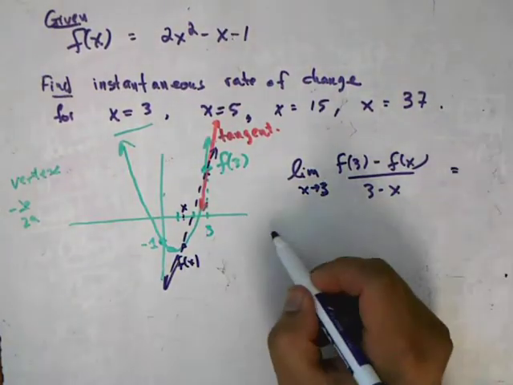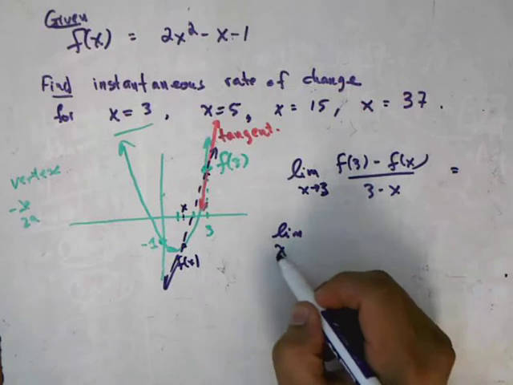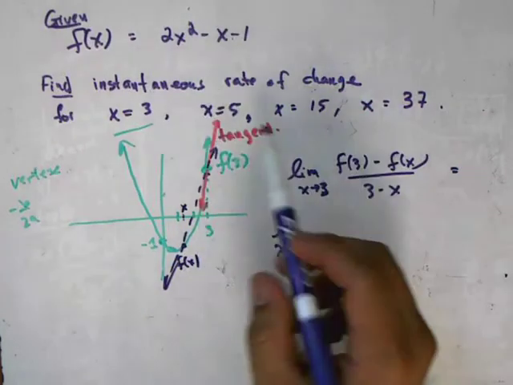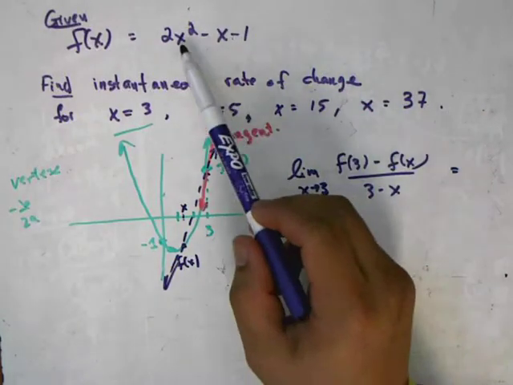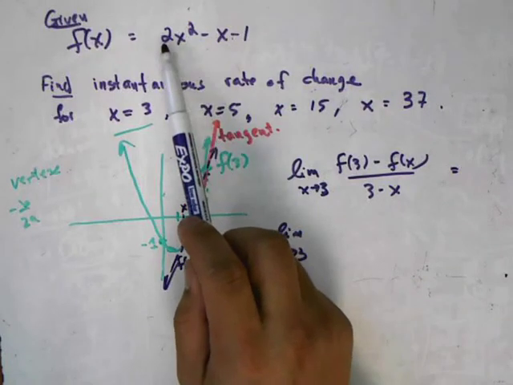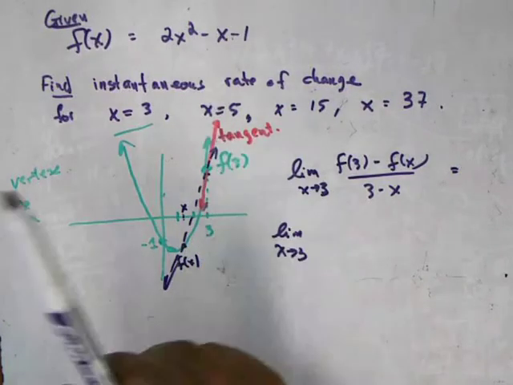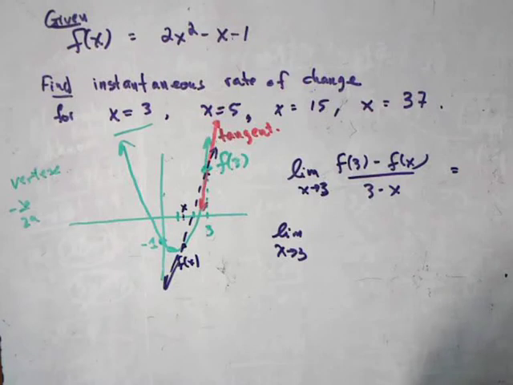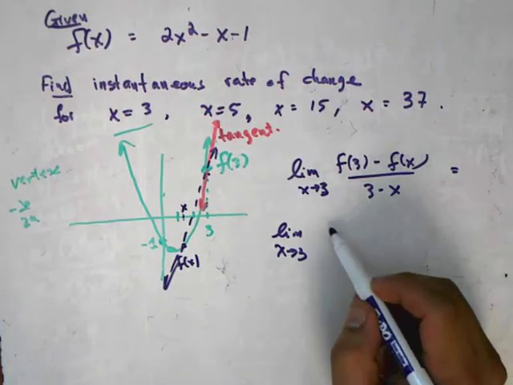So this is equal to the limit as x approaches 3. Substitute 3 in here and you get 3 squared is 9, that's 18, minus 3, that's 15, minus 1, so that's 14.